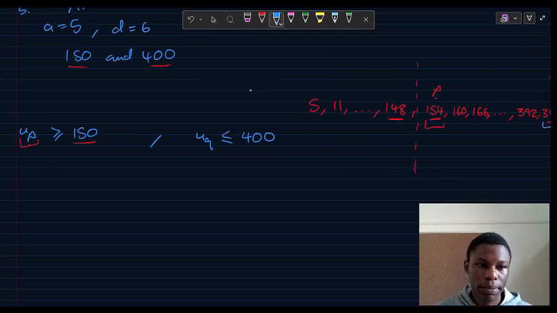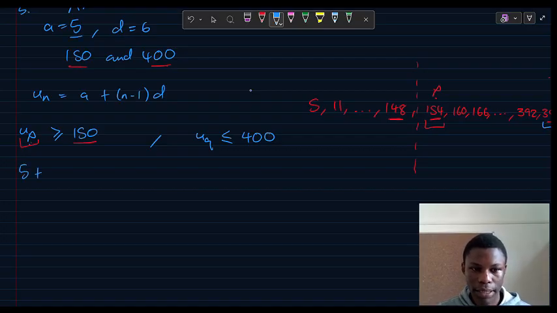So for UP, we're using our nth term formula, which says a plus n minus 1 d. UP is going to be a, which is 5, plus our n, that's p, minus 1, our d, that's 6, and this is greater or equal to 150. We want to make p the subject of this inequality. So I'm going to move the 5 to the other side.